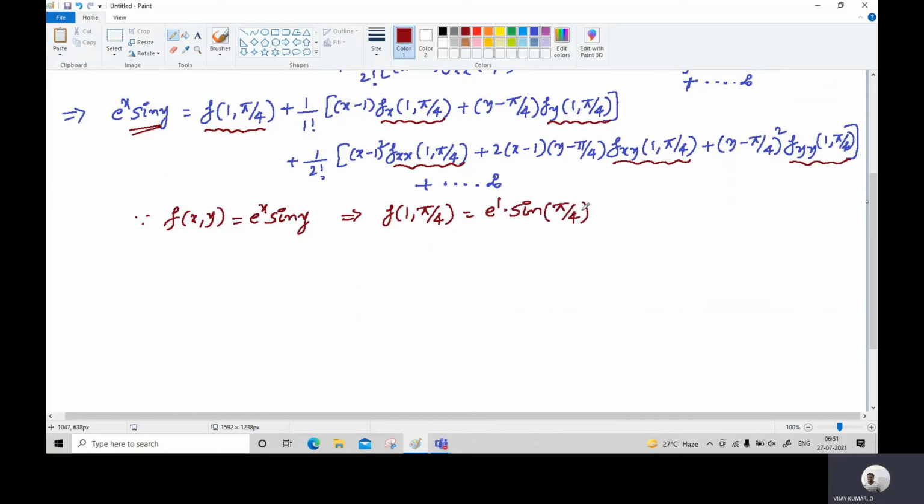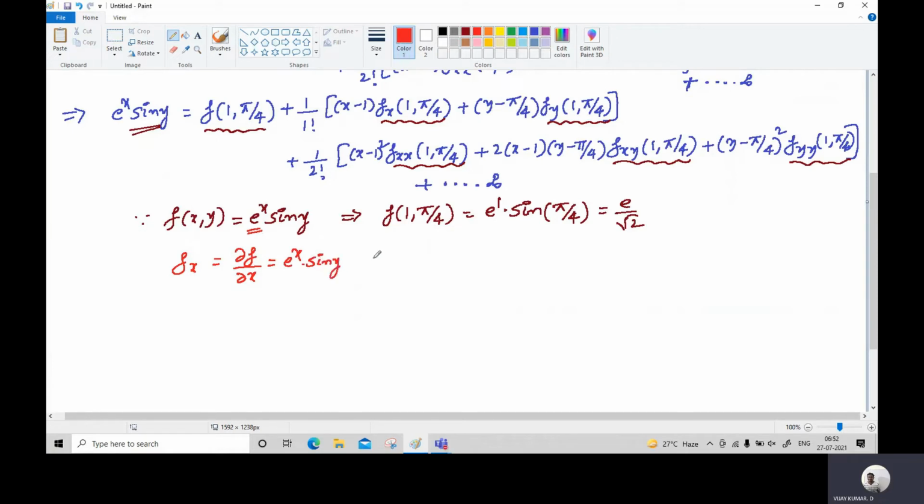Already you know that pi by 4 is nothing but 45 degrees and sine 45 degrees is nothing but 1 by root 2. So you will get e by root 2. Next we have to find out fx. What is meant by fx? Dou f by dou x is equal to, in this case only x is the variable, already you know it. So differentiation of e power x is e power x.